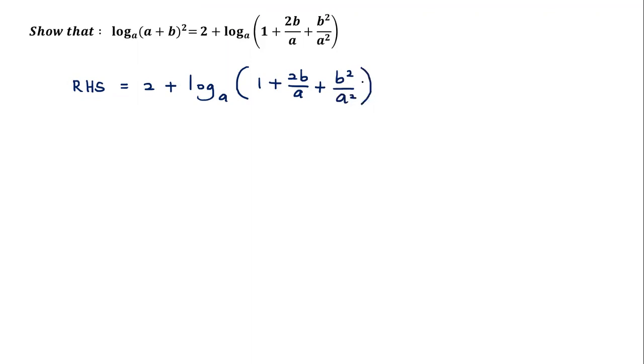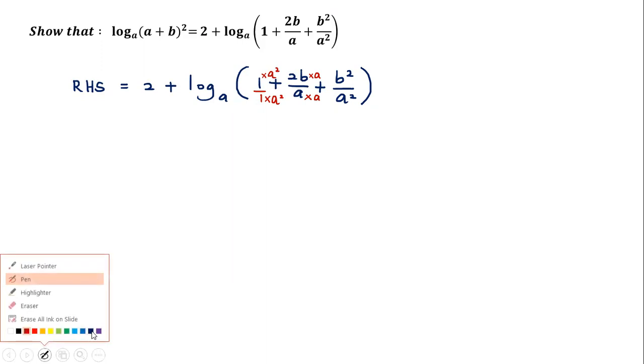My first approach is to change the entire bracket into a single fraction. Hope that you can do that. Everything is over 1, and the denominator is a square, so you need to multiply by a square. Got it? So you're going to have a single fraction inside the bracket.